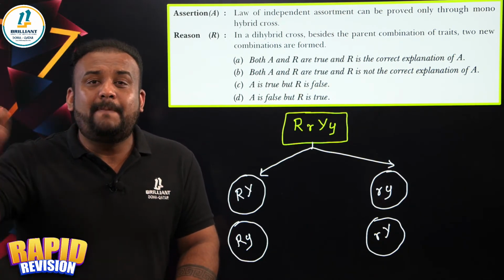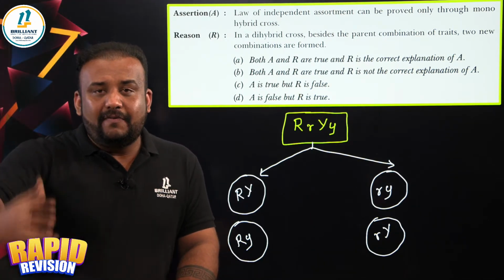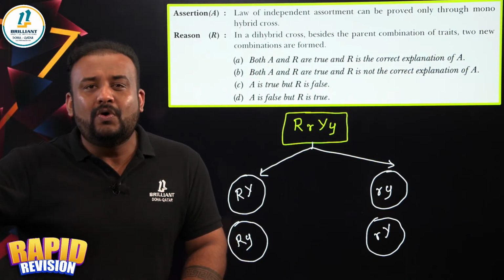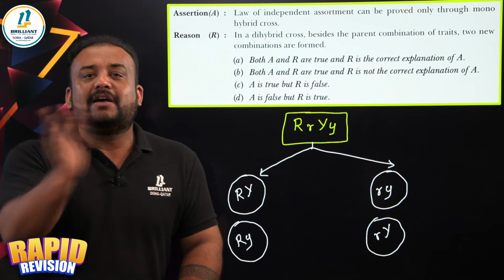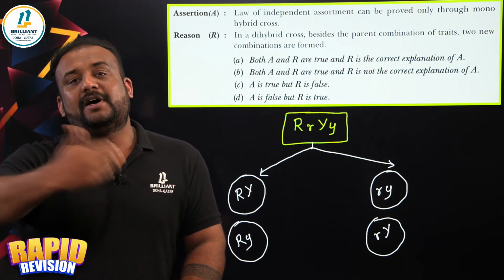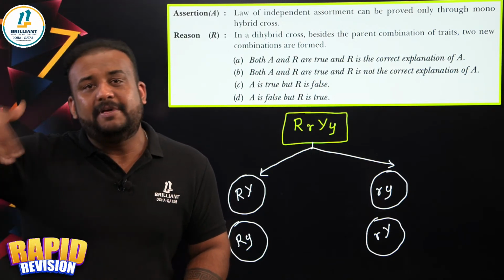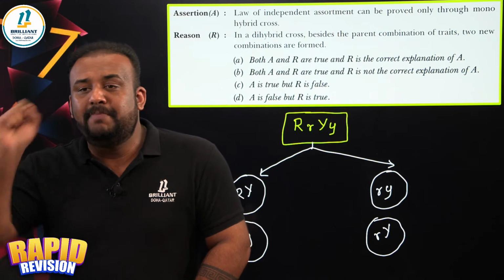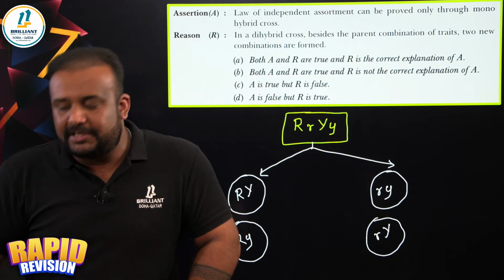This is called independent assortment. In that picking, there is no rule that capital R should be accompanied by capital Y only. It can be capital R capital Y or capital R small y. Similarly, on the other side, it will be small r capital Y, small r small y. I hope you understood what is the meaning of independent assortment.